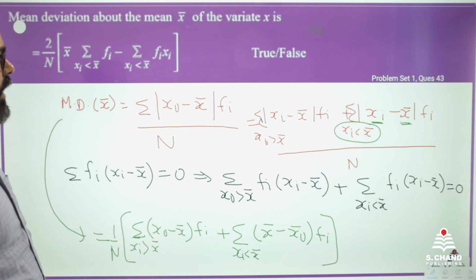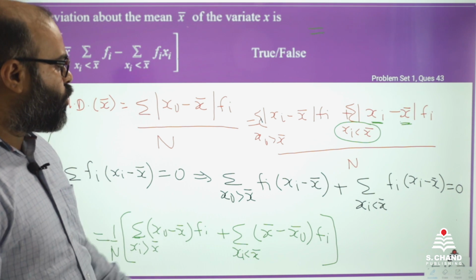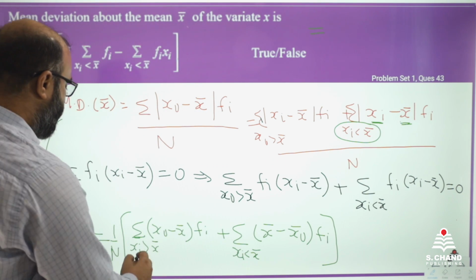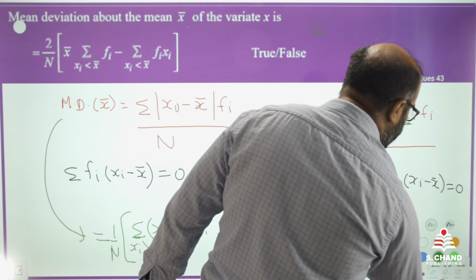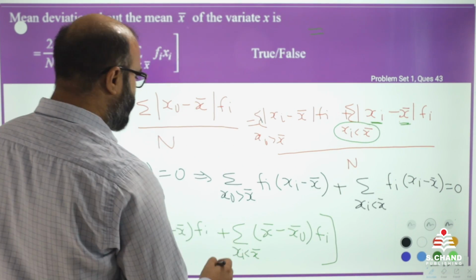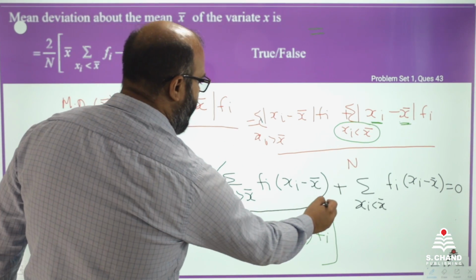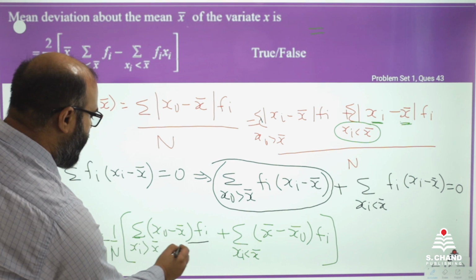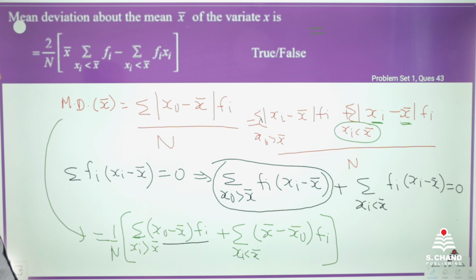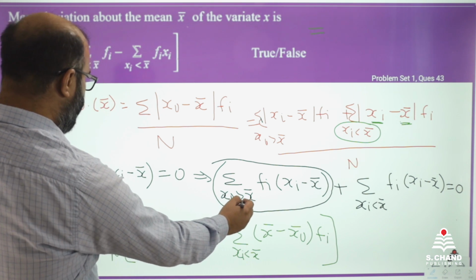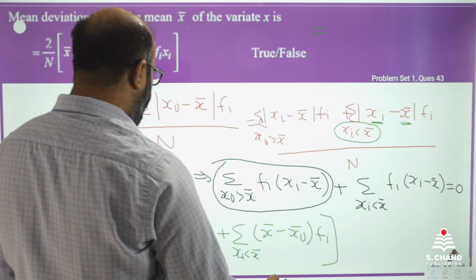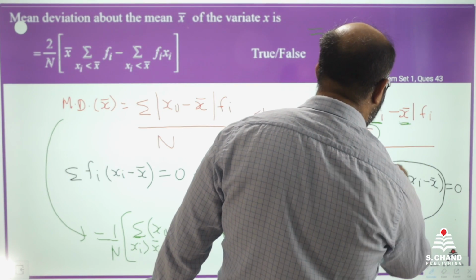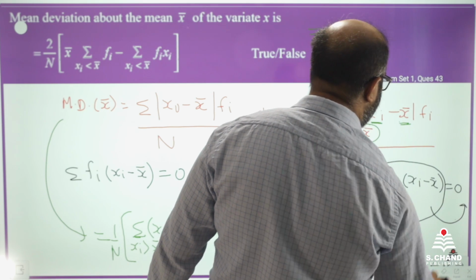Now in the next step you can use this result. This result says that sigma of fi times xi minus x mean, where xi is greater than x mean, is equal to this thing with a minus sign, because when it goes to the right hand side there will be a minus.